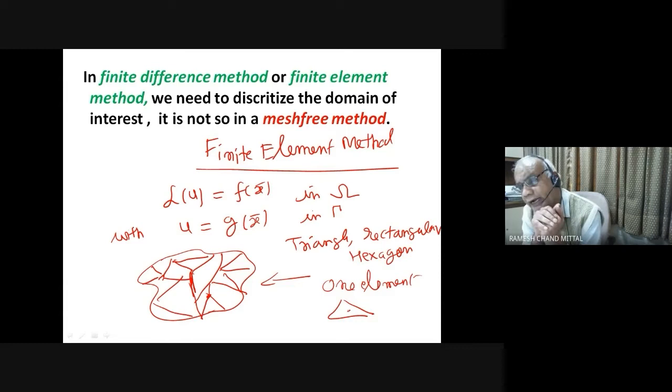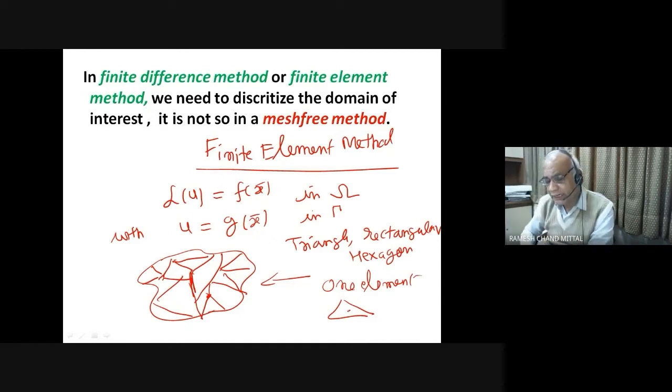On the other hand, when I say finite element, my problem is like this. I approximate the solution in the domain, and the boundary is exactly satisfied. So my boundary is not approximated. In meshless methods, you approximate both the boundary as well as the interior of the domain.